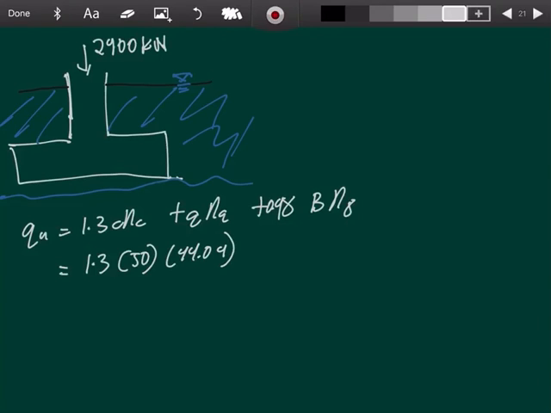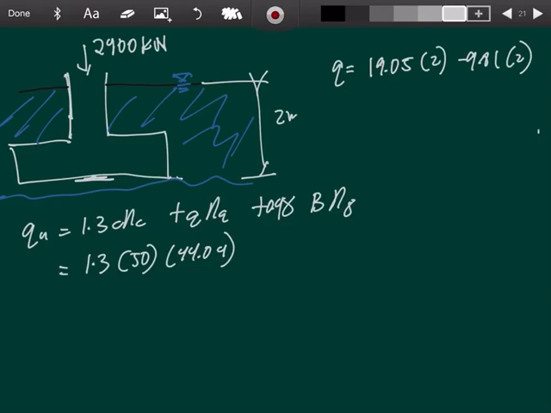Ang Q natin ay yung Q dito sa bottom of the footing. Since umangat na yung tubig natin, lahat na yan is saturated. So, our Q is equal to 19.05 times 2 minus 9.81 times 2, kasi ito ay 2 meters. Diba? So, solve natin.